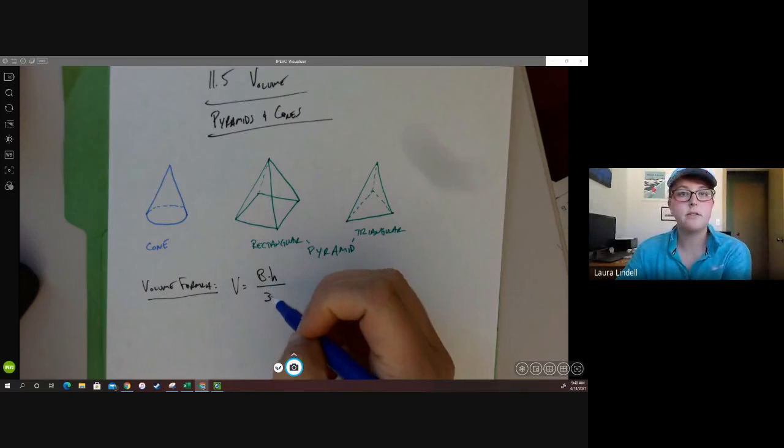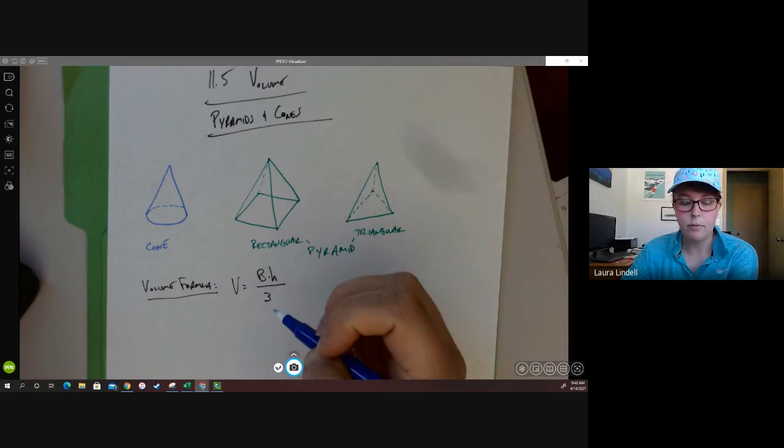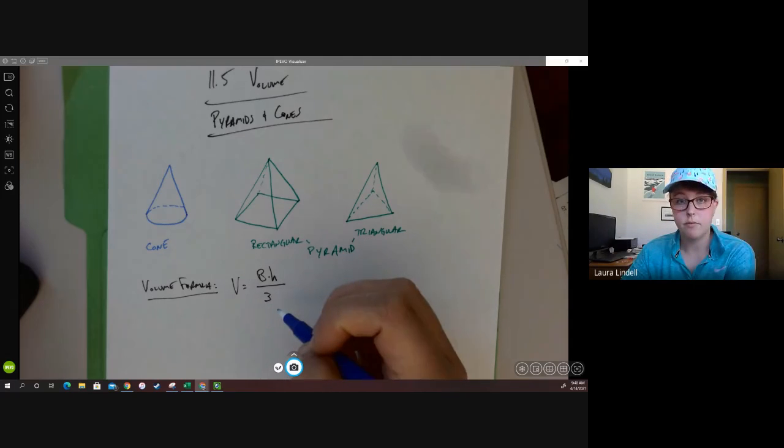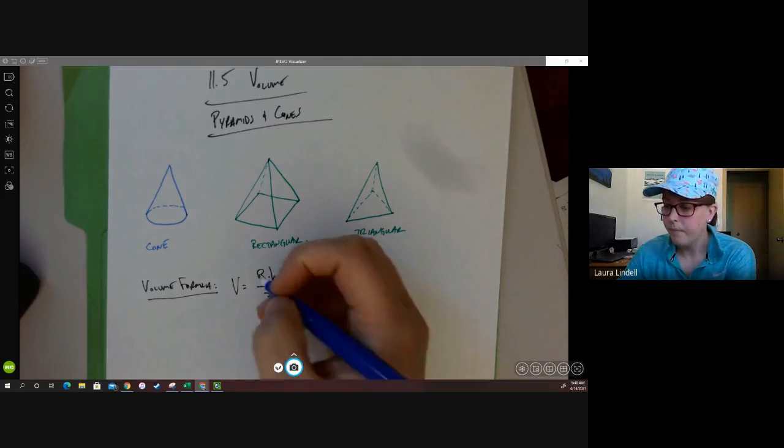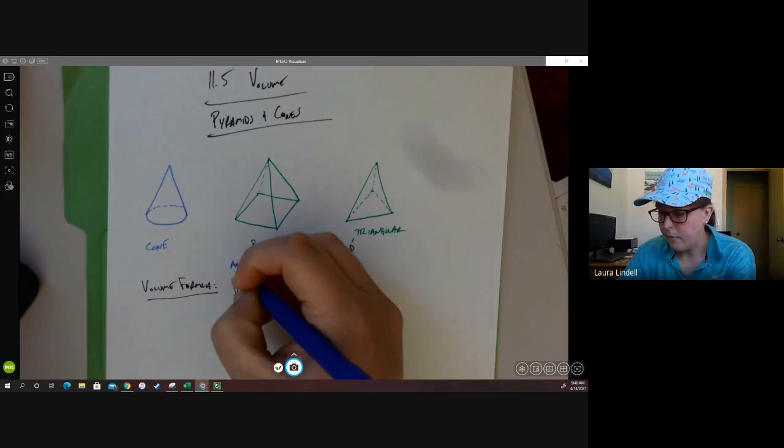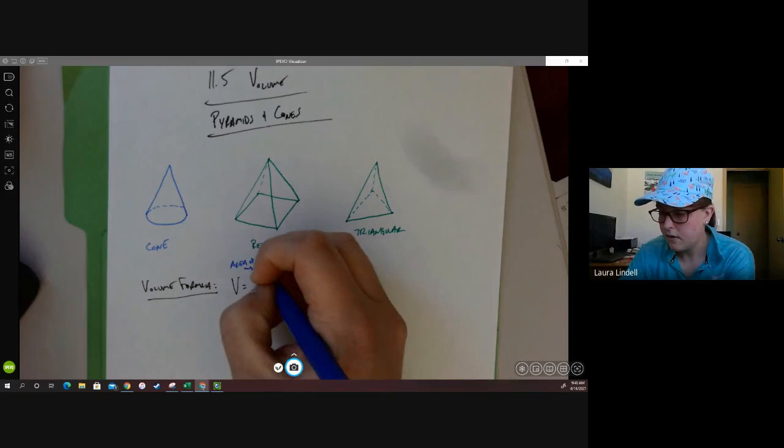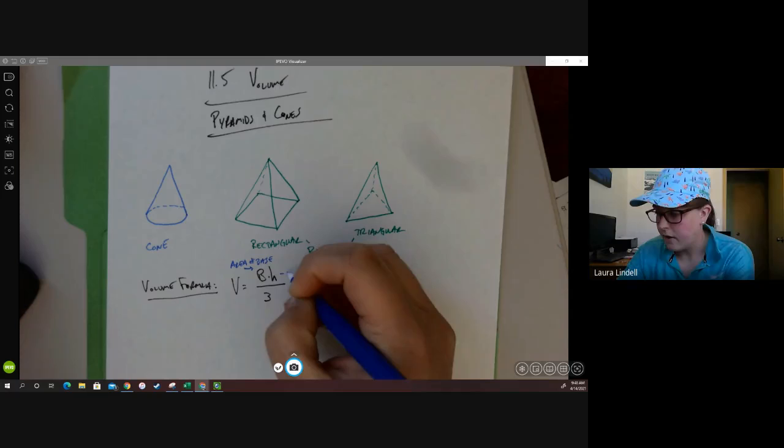So the only difference between what we're doing today and what we did yesterday is that we're going to divide by 3 when we get our answer. So this is still area of the base. This is still the height.